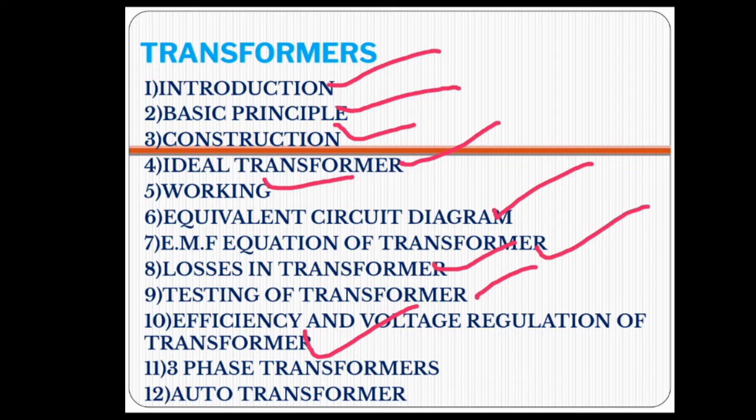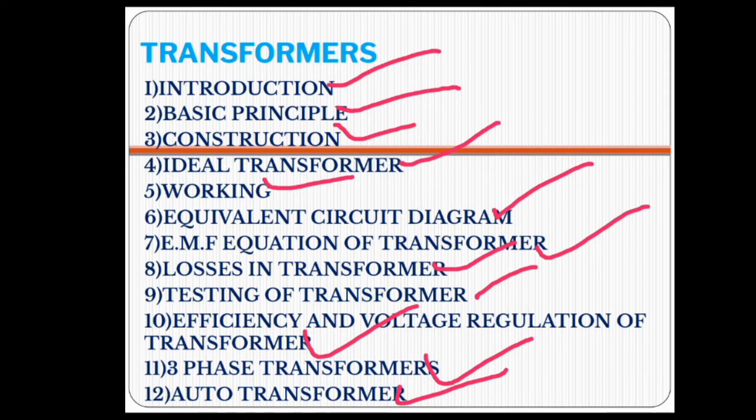The eleventh one is the three-phase transformer. Up to now, from the introduction, it consists of single-phase transformers, and in the eleventh one I will explain the three-phase transformers and the differences between single-phase and three-phase transformers. The next and final one is a special type of transformer, that is the auto transformer.